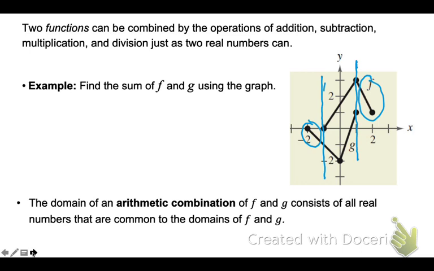So the only thing I can combine is this. Let me erase a little bit so we don't have this extra stuff. So I can add those 2 points, right? Yes. Are these good ones? Pretty good?